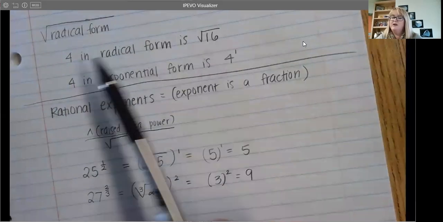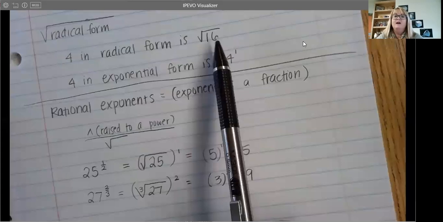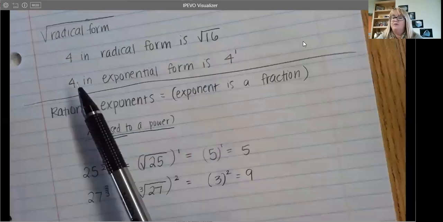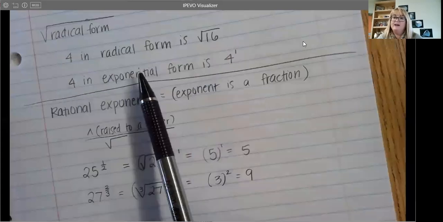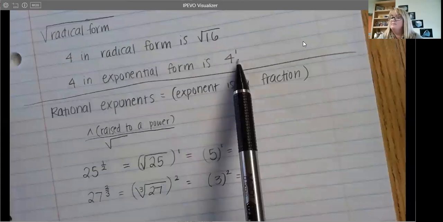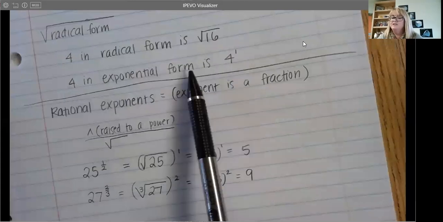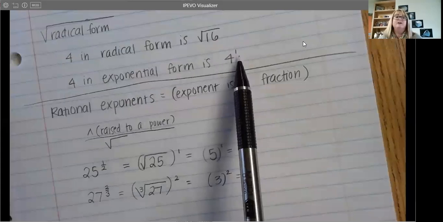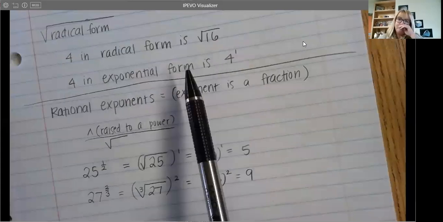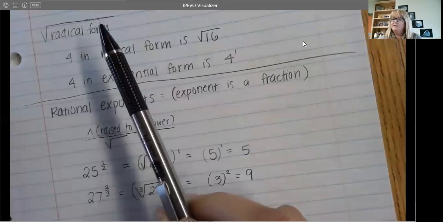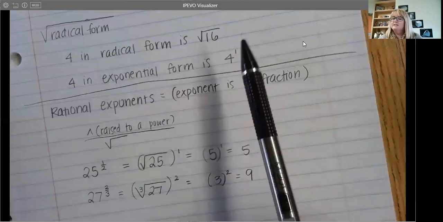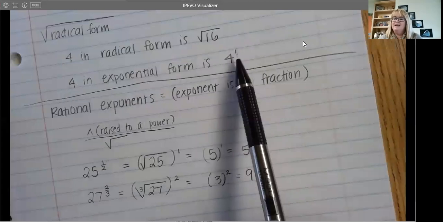So that is 4 in radical form. 4 in exponential form is 4 to the first power. You could also do 2 squared, but I just kept it simple with 4 to the first power. So if we're talking about radical form, we are talking about in the square root sign or in a root sign. If we're talking about exponential form, we're talking about a base with an exponent.